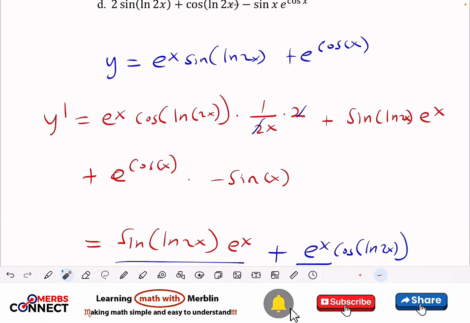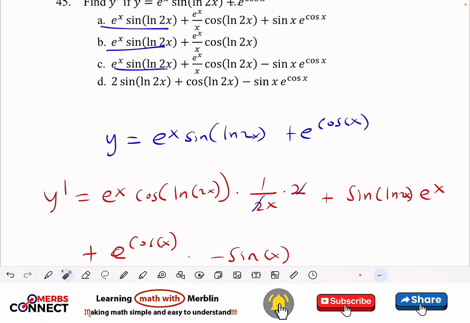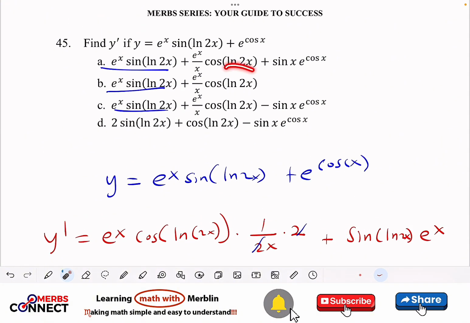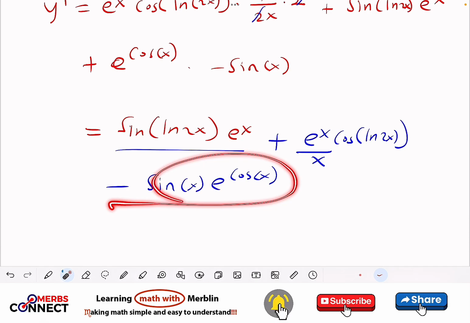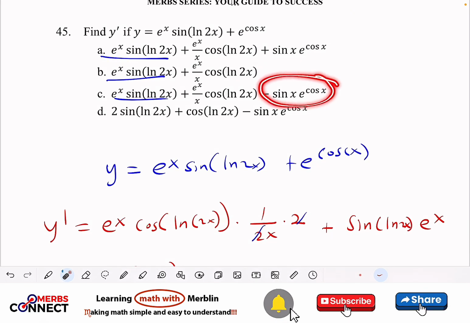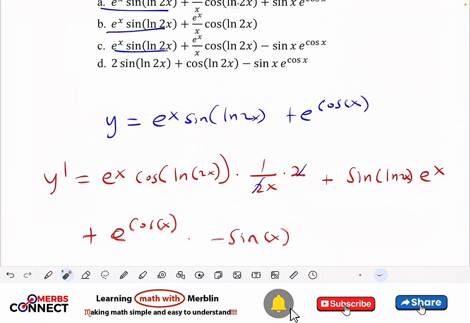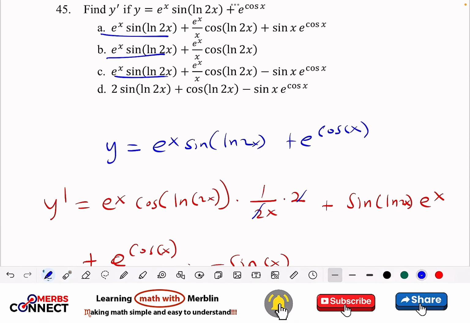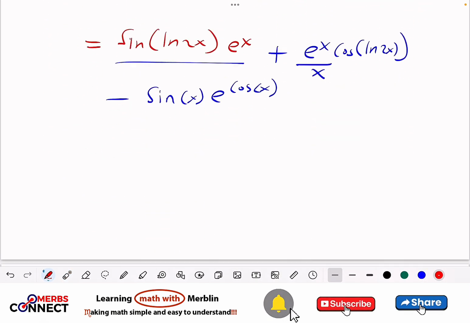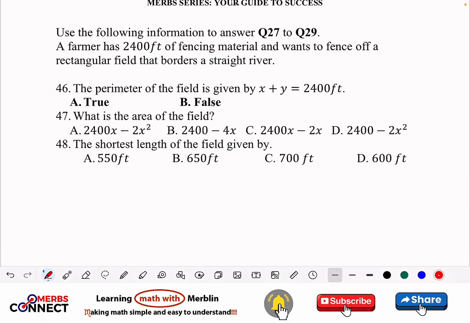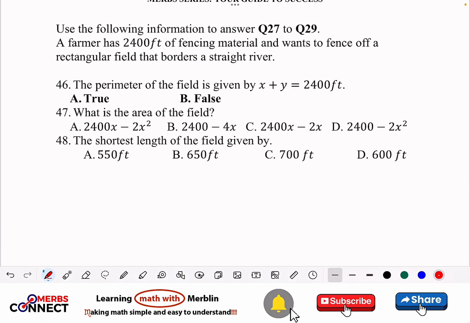Then we have cos of ln 2x, which is also here. Then we have the minus this, which is here. Okay, so I think the answer is supposed to be C. Now let's look at the last 4 questions, then we are done.